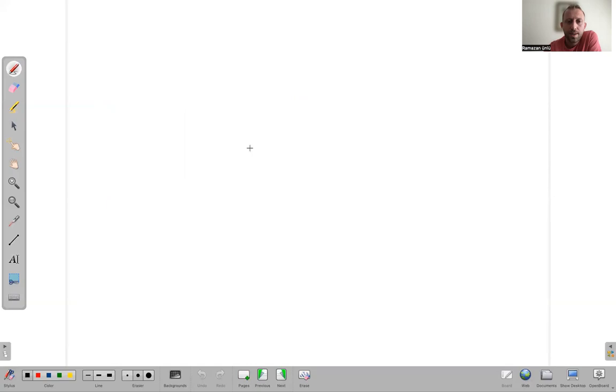Let's say the first set has something like that, some numbers like 2, 4, 6, 8. And let's say the other one is like that. Let's say this is A and this is B. I could say that B has more elements than A. Why?